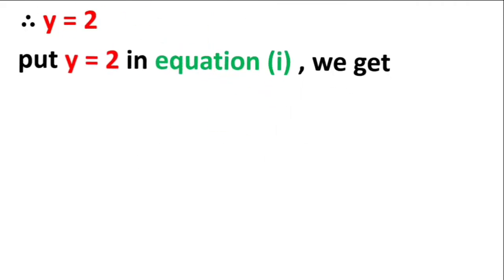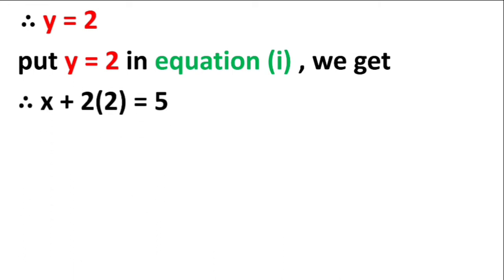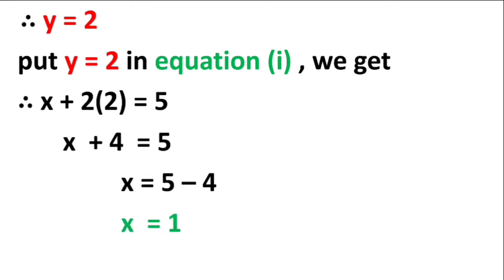Put y is equal to 2 in equation number 1, or you can substitute in equation second. You will get x plus 2 into 2 is equal to 5. So x is equal to 5 minus 4, that is x equal to 1, and hence x is 1 and y is 2. Okay, we get both the unknown values from the given complex number.